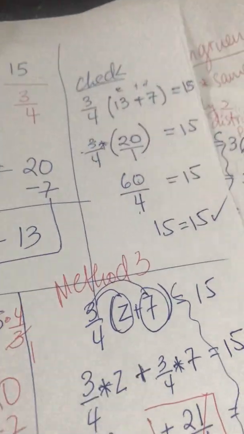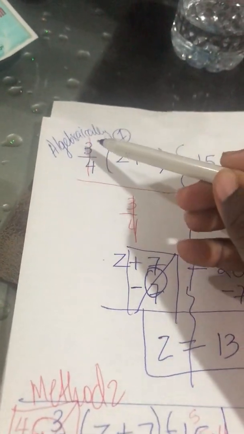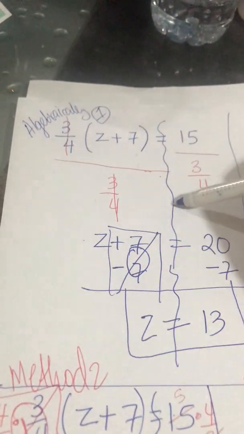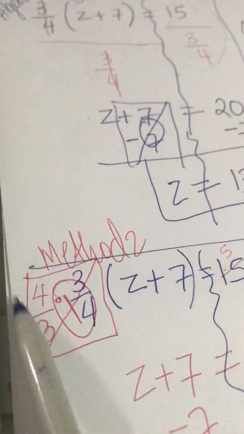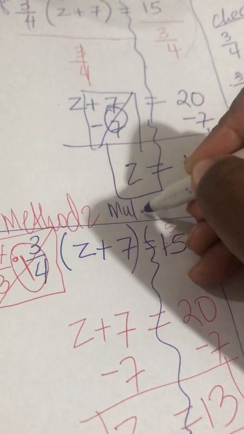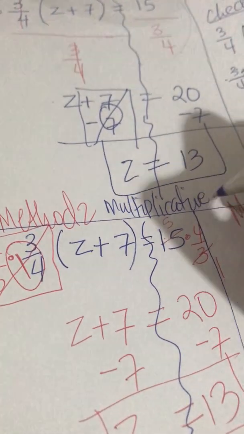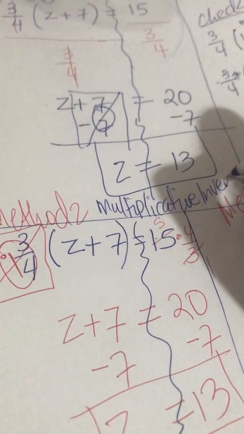And that's your answer. So when you have a fraction as your coefficient, either divide both sides with a fraction, we do complex fraction, or use multiplicative inverse. So this method is multiplicative inverse, for method 2.